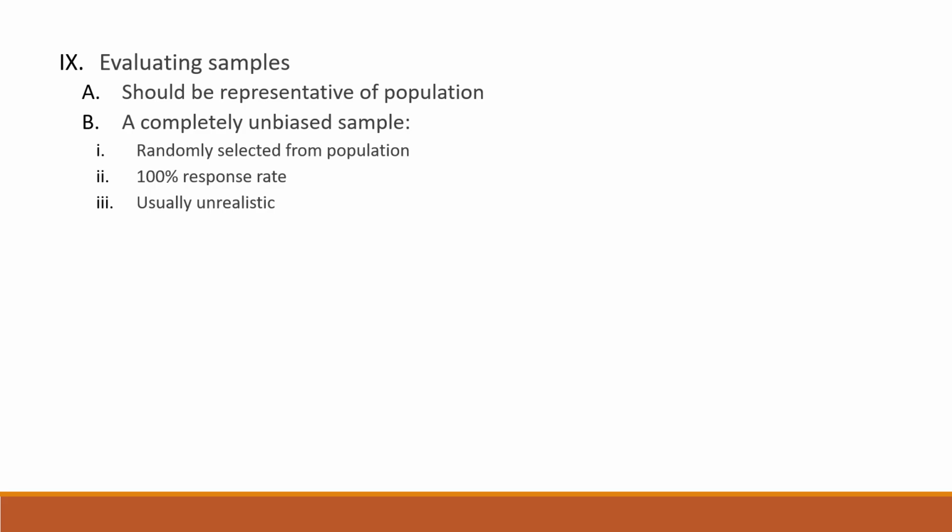And not only that, but everyone would participate and no one would turn the study down. As you can imagine, this is usually unrealistic. Instead, we should strive to do our best, but know that there's no perfect study out there, and that we should be open about our limitations in the discussion section of our papers.